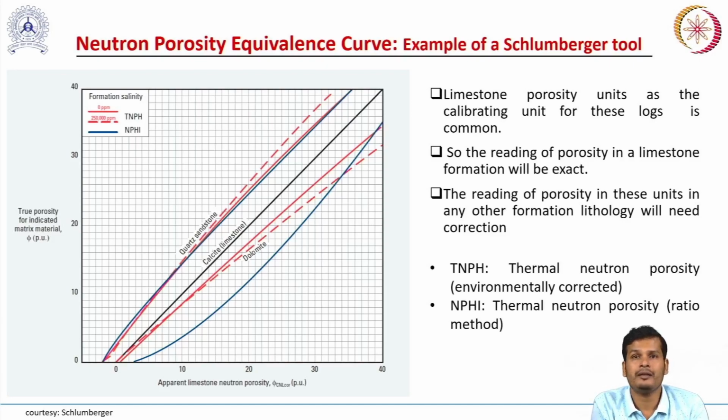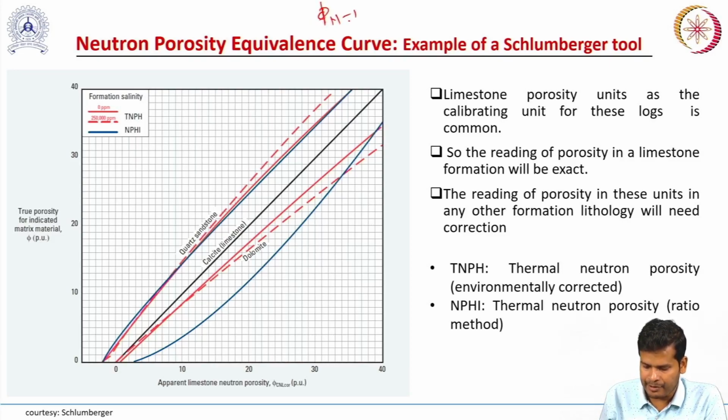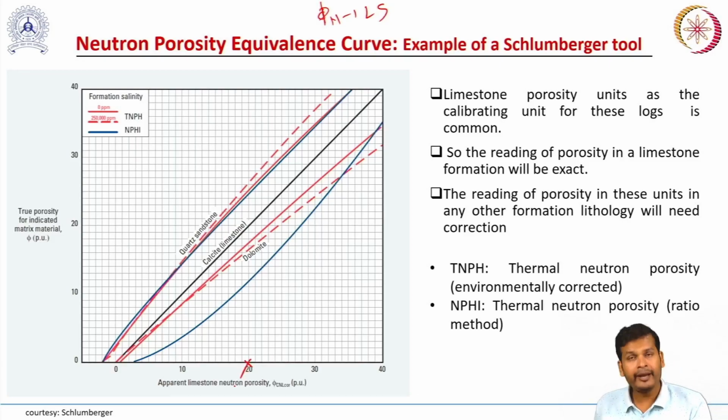For example, let us say I have calculated the neutron porosity using the limestone setting. Then in this curve at the bottom, I will enter with the porosity of the tool calculated using the limestone setting, or the apparent limestone neutron porosity. I will go up and let's say my formation is sandstone.